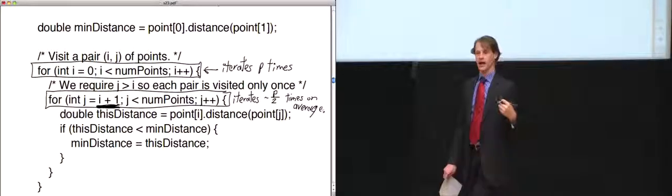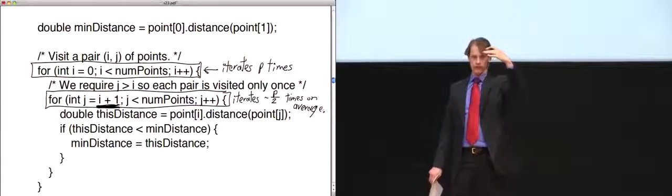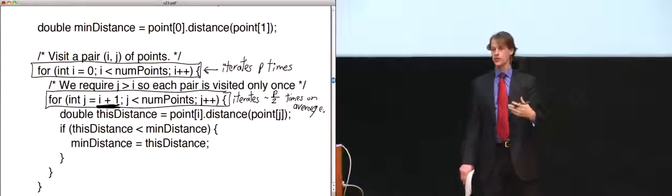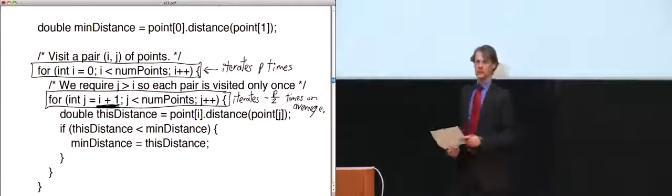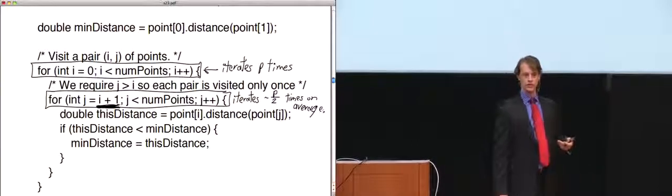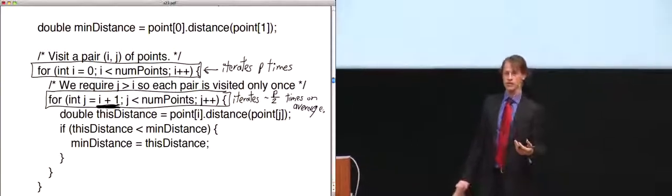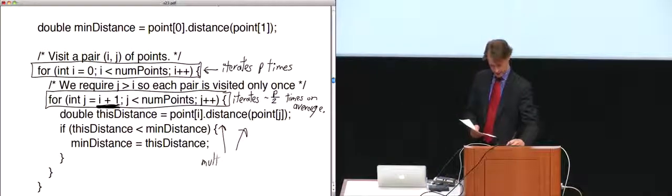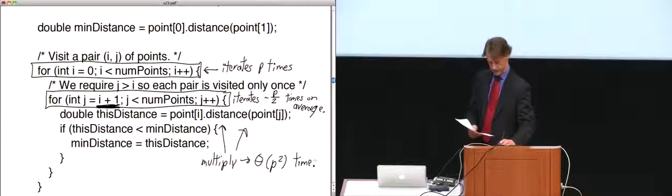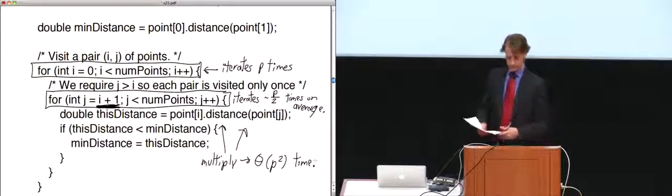The last time through the outer loop, the inner loop will iterate 0 times, but the average will be about p over 2. So p times p over 2 gives us p squared over 2 roughly how many iterations we get, and so multiplying those, again, it's pretty clear that this algorithm takes theta of p squared time.